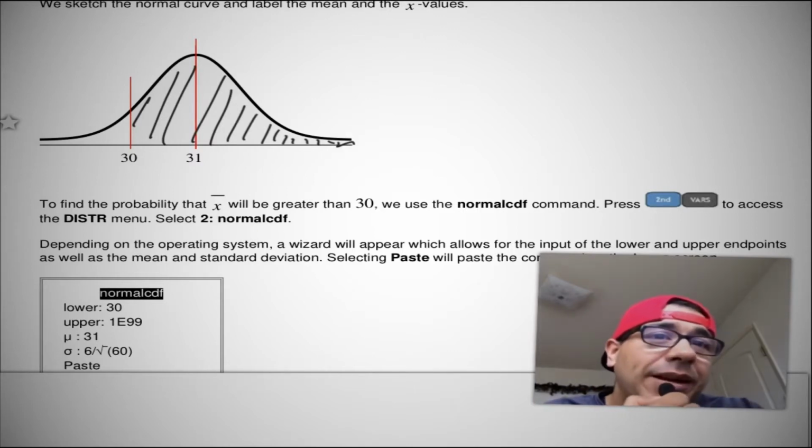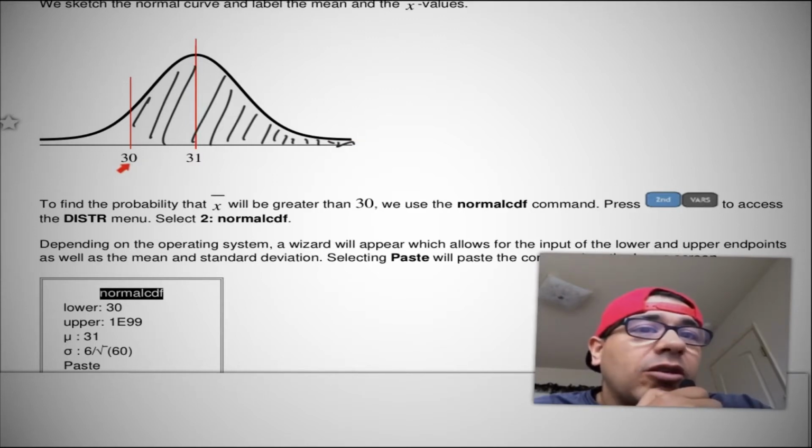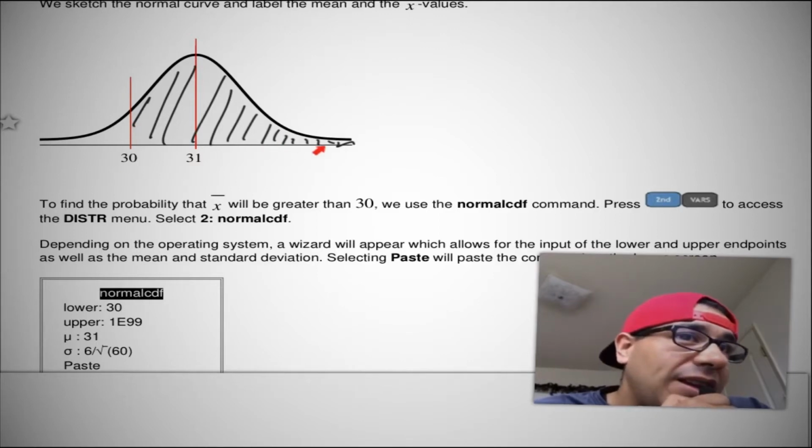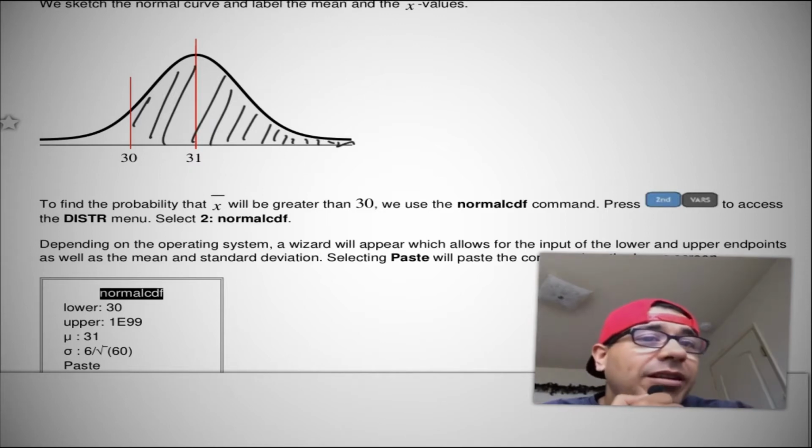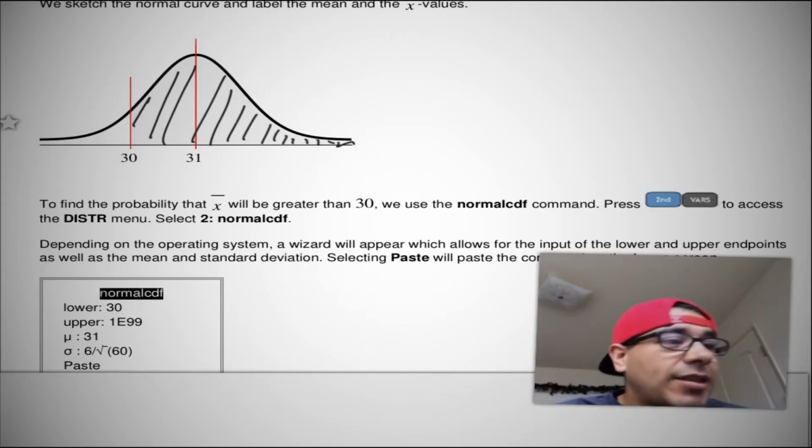By looking at our distribution here, remember this is our lower, because that's where we start shading, and our upper, you're shading all the way to the end as much as you can. So that's why for our upper we use 1E99. Go ahead, I'll give you a second to jot that down.